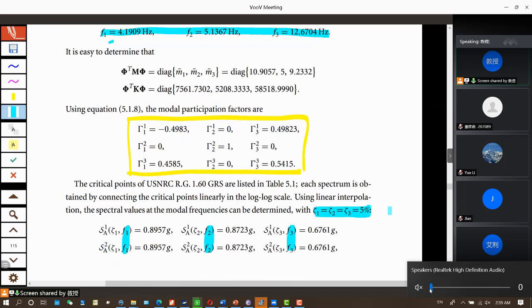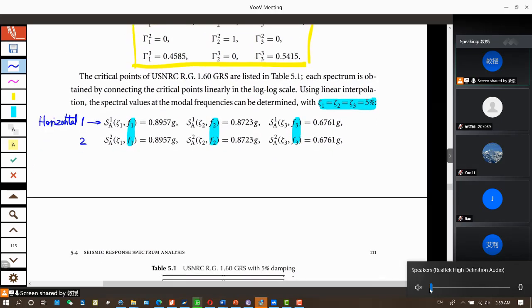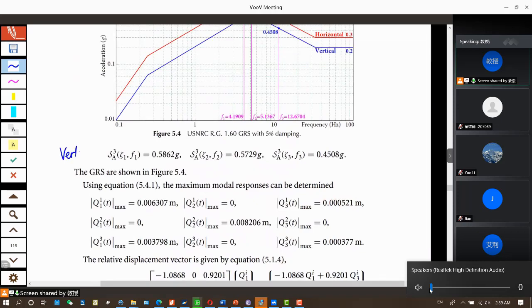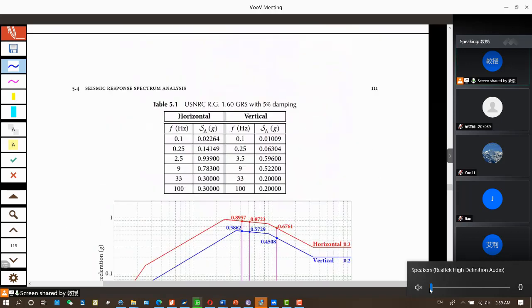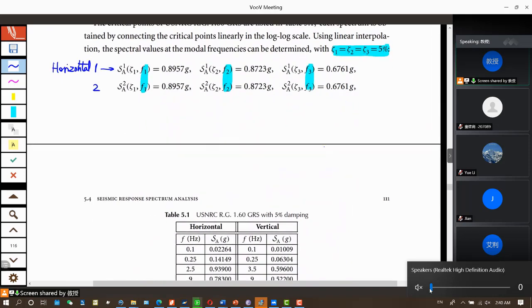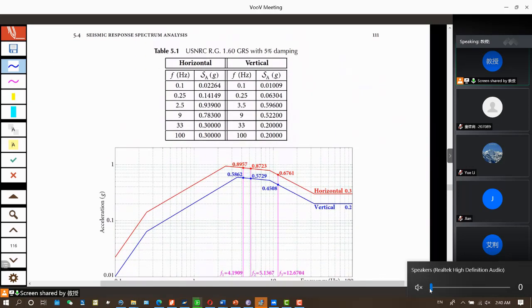Now the question tells us we use this response spectrum. It is plotted here in log scale, and sometimes we plot it in log linear scale. Okay, and here we are given the critical points. Okay, so 0.1, I will mark a few points, 0.1 here, 0.25, 2.5.